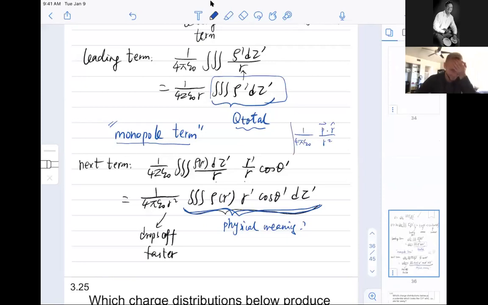Remember, this is the potential due to a dipole far away. And it does have a 1 over r squared dependence. So this first term is the total charge, and it gives you the monopole term. What do you think the second term will give you? The potential due to a monopole, or I'm sorry, a dipole. Yes, so this is the potential due to a dipole. Very good. This is your dipole term, and this is the dipole moment. So the physical meaning of this integration is going to be your dipole moment.